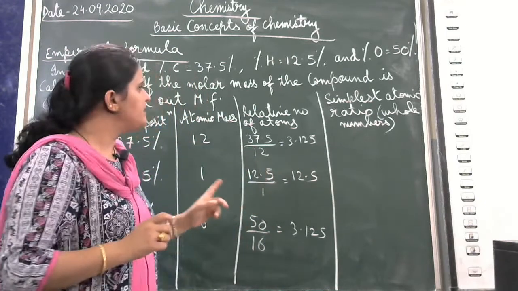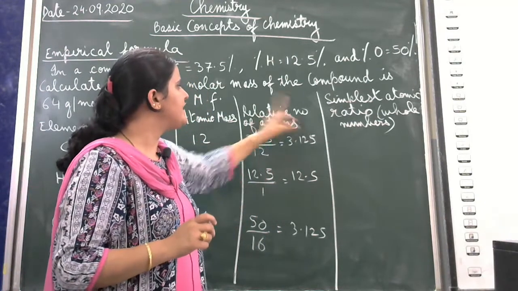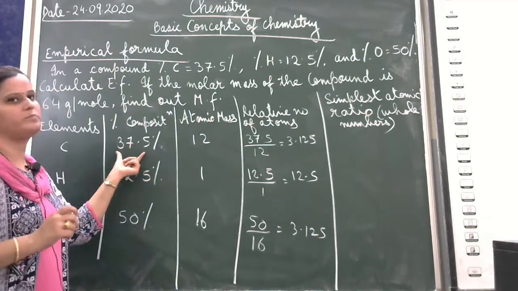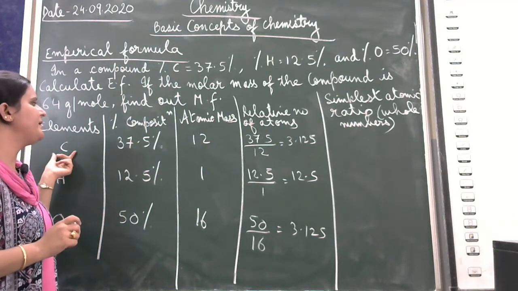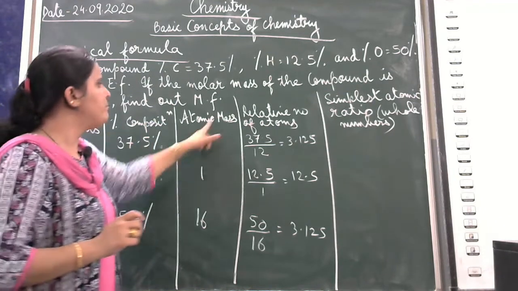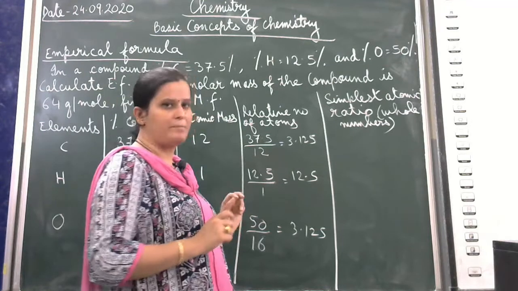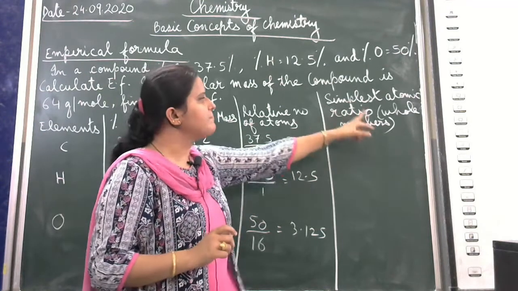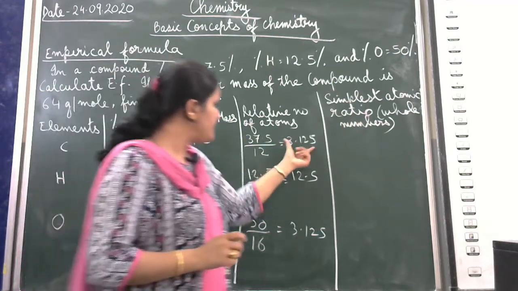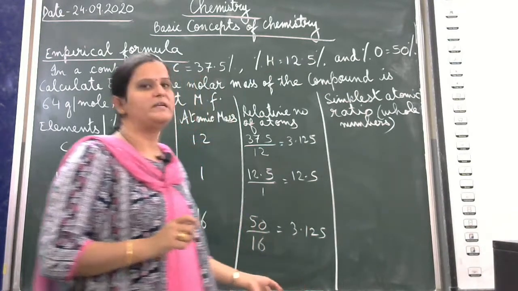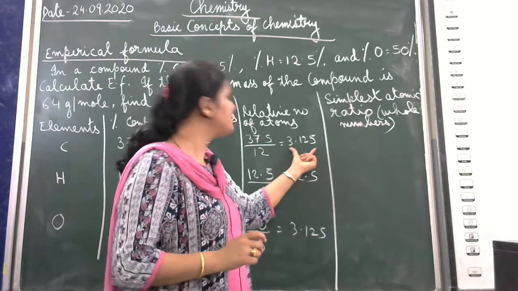I'll repeat what I am saying. How did I find the relative number of atoms? For that, the percentage composition of a particular element is divided by its atomic mass. Okay? I'll get the relative number of atoms. To find out the simplest whole number ratio, all the three values have to be divided by the smallest number.